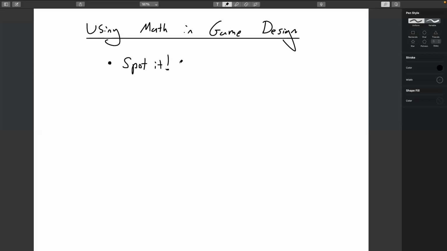So it's kind of a fun game. It's like a pattern recognition game. You've got a card, you're looking for which symbol matches, and you're racing the other people that you're playing with.